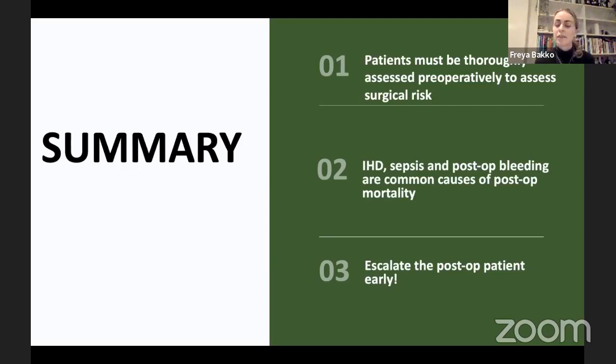So make sure you keep them in the back of your mind when you examine your patients post-op. And remember to always escalate the post-op patient early. A lot of consultants will want to know of any of their surgical patients that are experiencing any post-op complications early on in the course post-operatively.